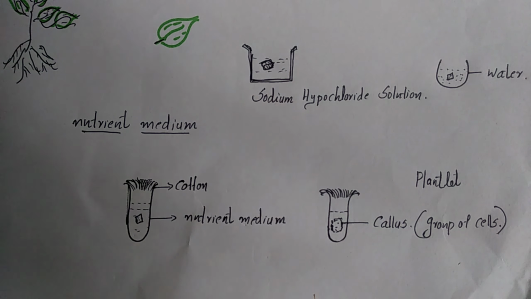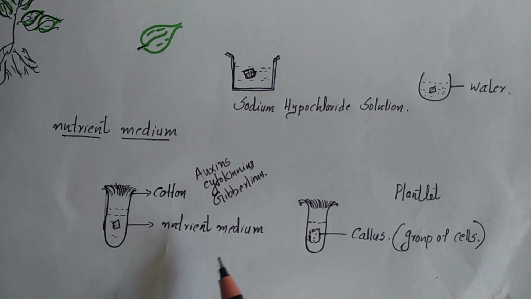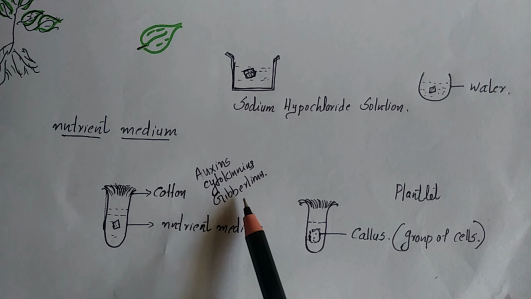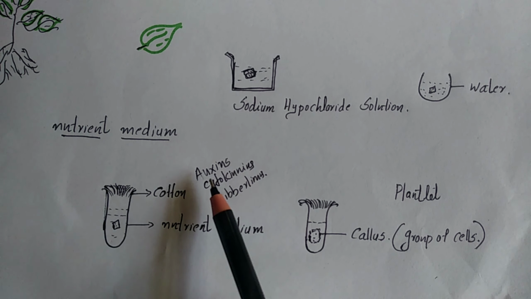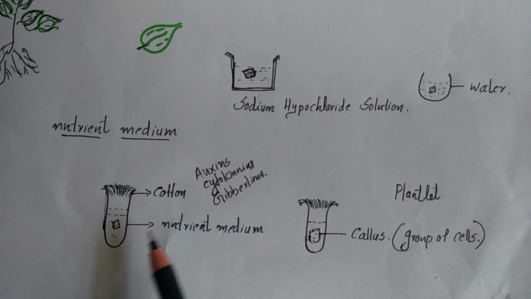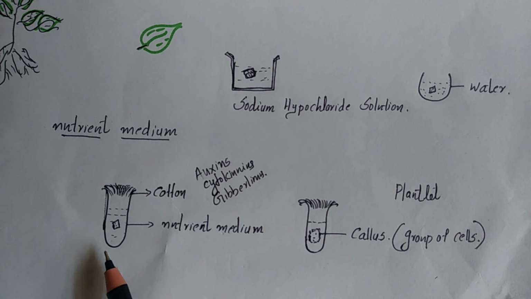Here I marked auxins, cytokinins and gibberellins. These are called growth hormones, which increase the rate of cell division and thereby increase the rate of growth. So it must consist of these growth hormones and micronutrients as well as macronutrients. As you have studied last year, what are the micronutrients?